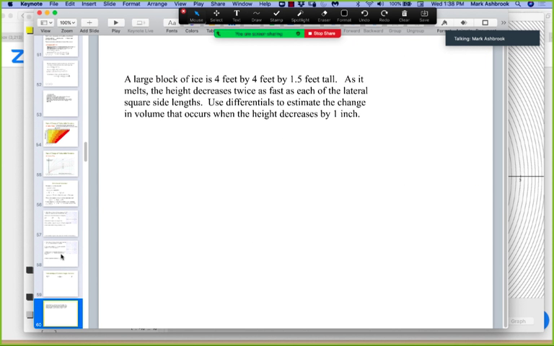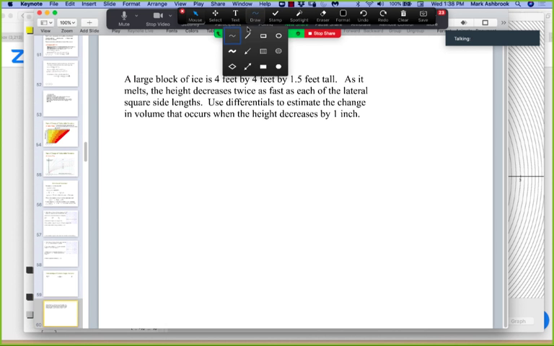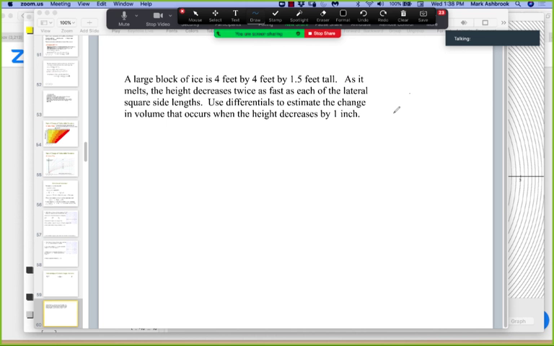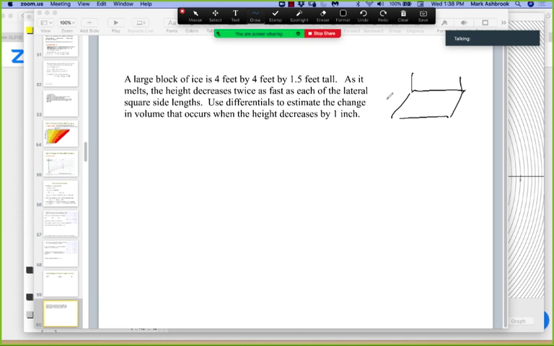Here it is. Okay, so a large block of ice, 4 by 4 by 1.5 feet tall. Something like this. So 4 by 4 by 1.5 feet.